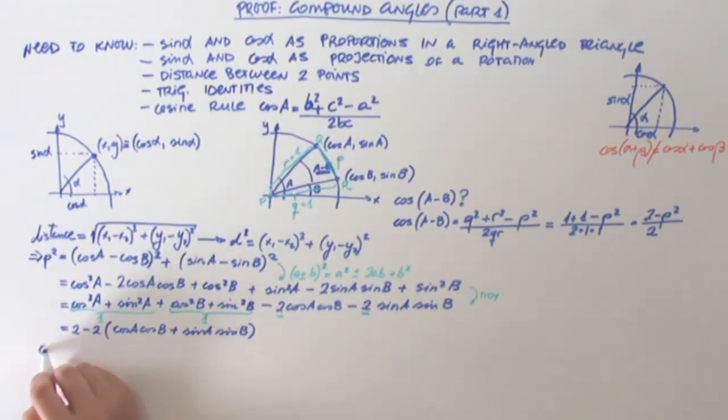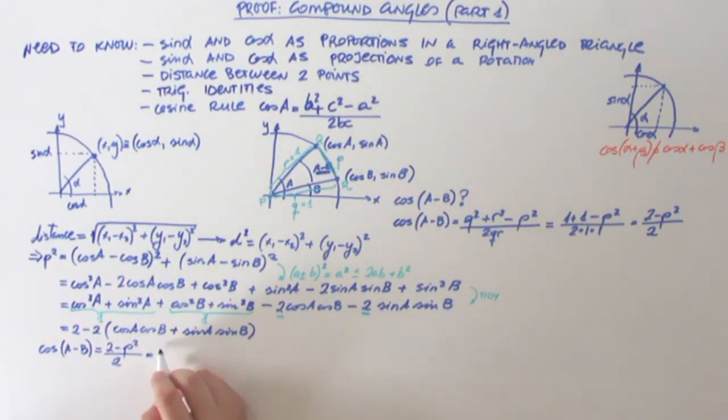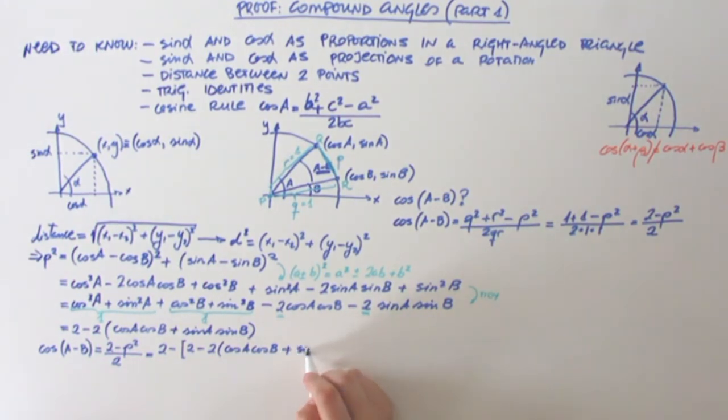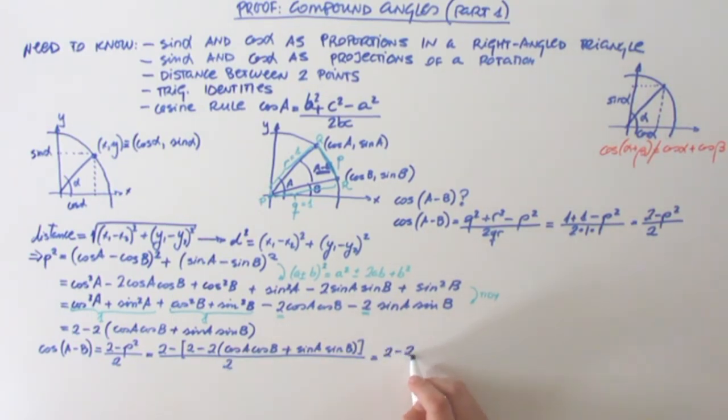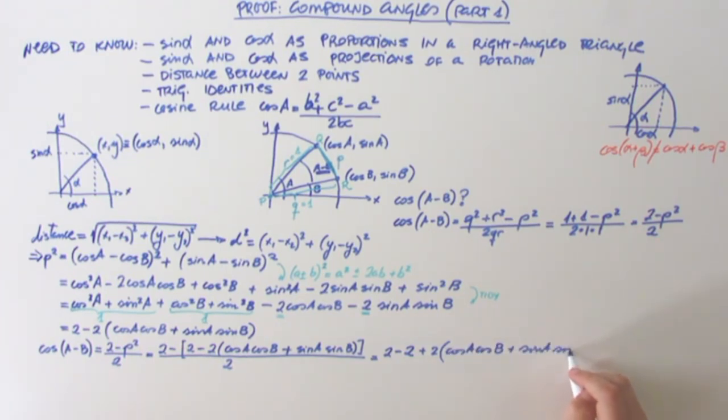The reason we did all of this was to substitute into the cosine formula. So now that I have it, I can substitute into the cosine of A minus B, which originally was 2 minus P squared over 2, and I substitute in 2 minus 2 times cosine of A cosine of B plus sine of A sine of B, all over 2, and once I expand, I begin to simplify. 2 minus 2 equals 0, cancels, and 2 over 2 equals 1 and cancels.